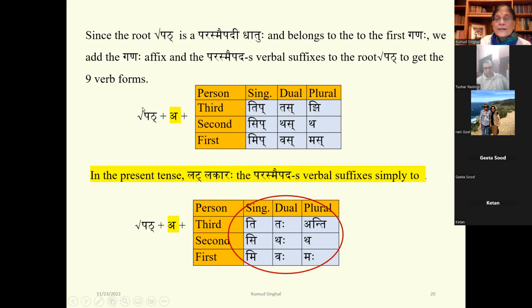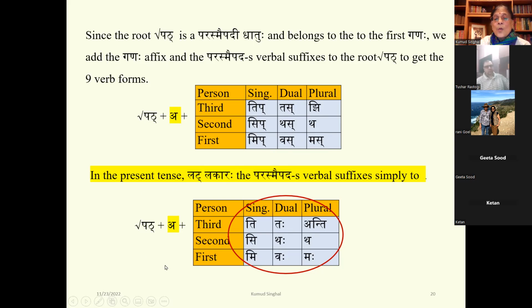Now, since pat is a parasmaipadi dhatu, we will add the parasmaipada suffixes, which are these. In the present tense, these suffixes simplify to these. So these are a simplified version of these suffixes: ti, tah, anti, si, thah, tha, mi, vah, mah.